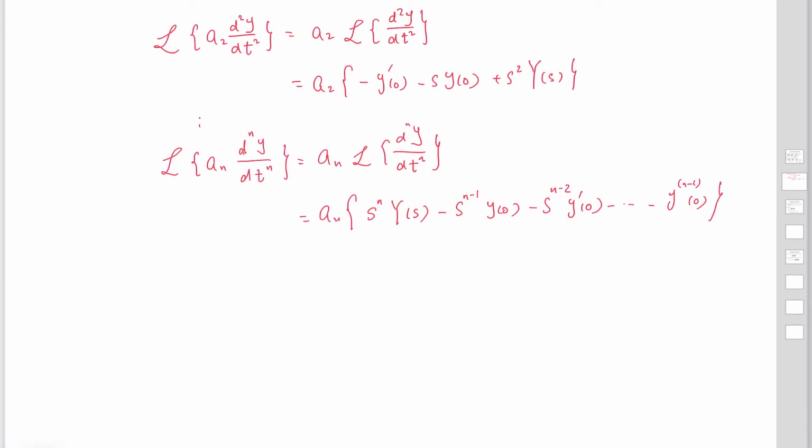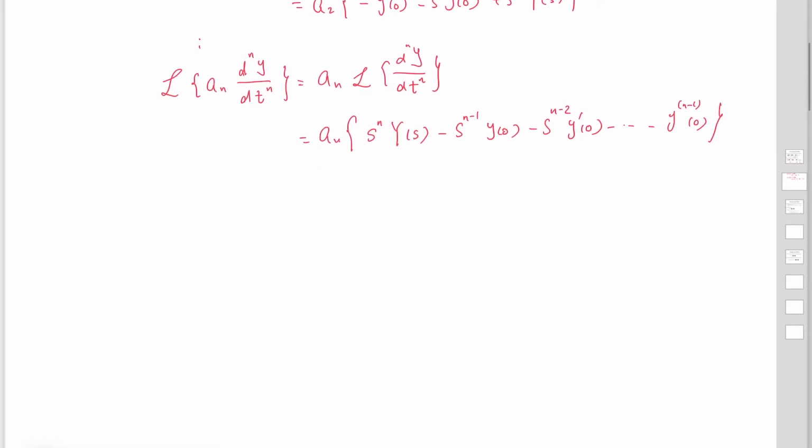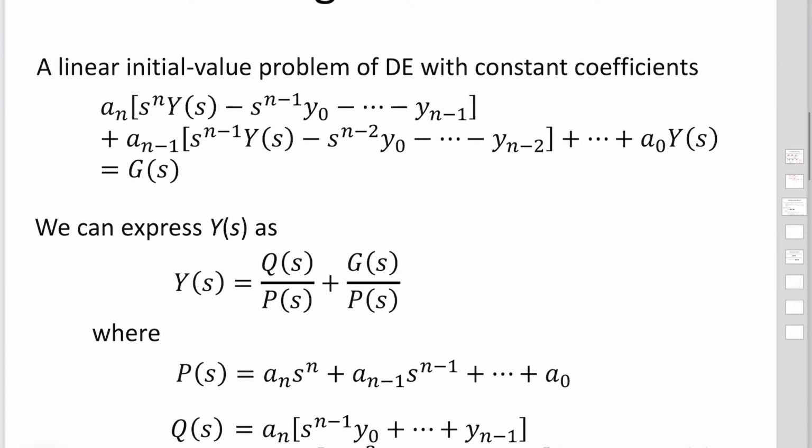So we can substitute this quantity into the equation. Then it becomes this equation.